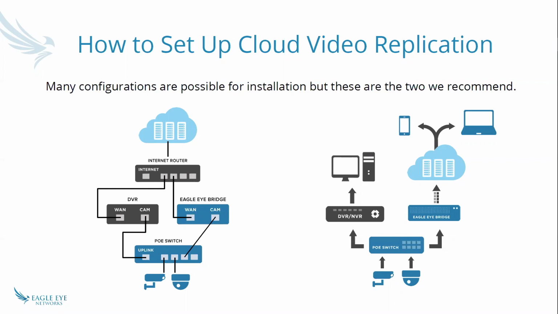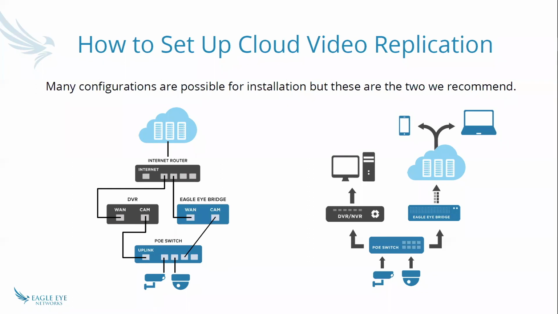Then we show the connections from the DVR, NVR to the client system, whether that's a system on the local network accessing through client software, or a mobile application, where that connection happens from the DVR, NVR to those devices over the local network.